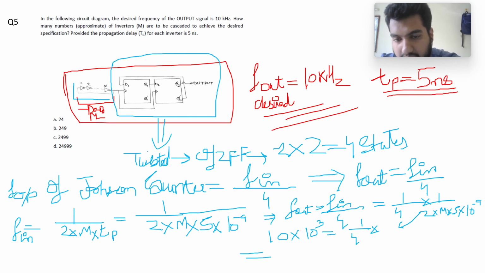Now that implies m is equal to 1 by 4 into 2 into 10 into 10 to the power 3 into 5 into 10 to the power minus 9.